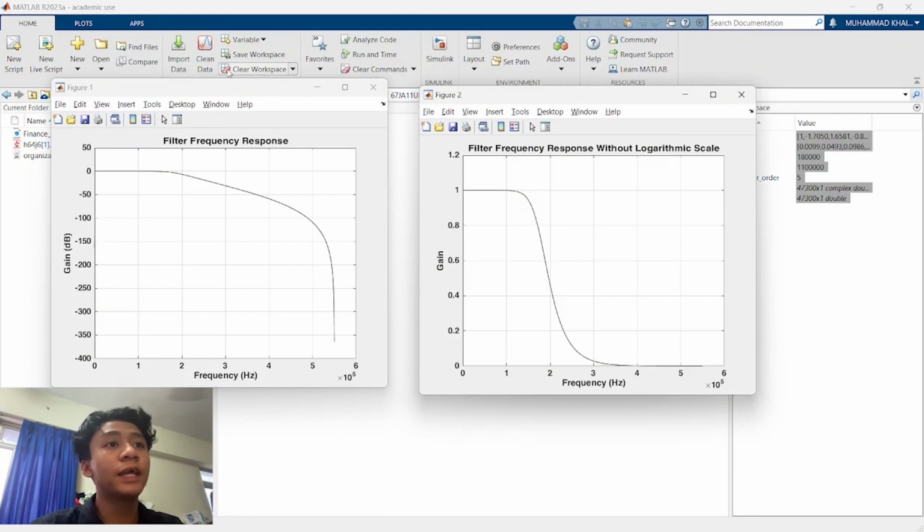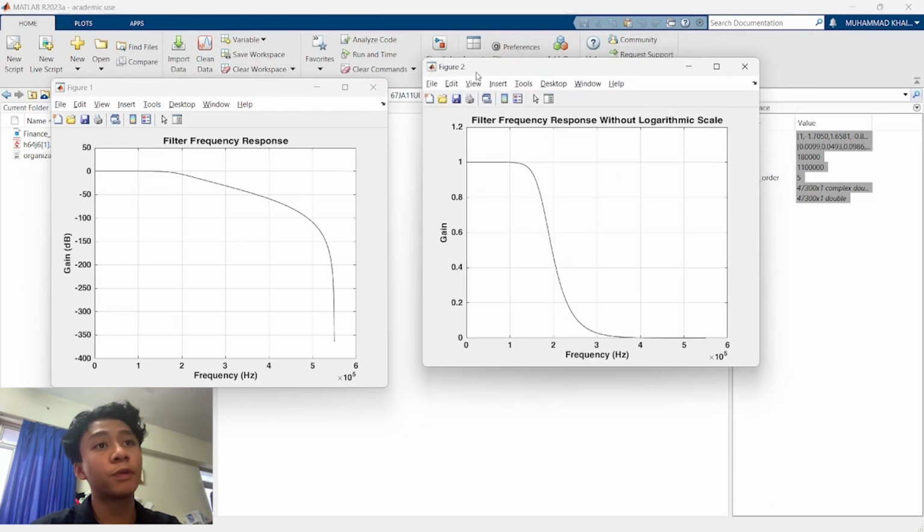So now we get two graphs. The first graph is the filter frequency response without the log scale, and the other one is the filter frequency response with log scale.